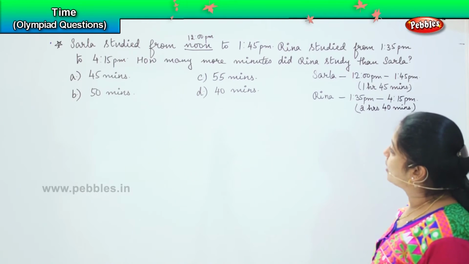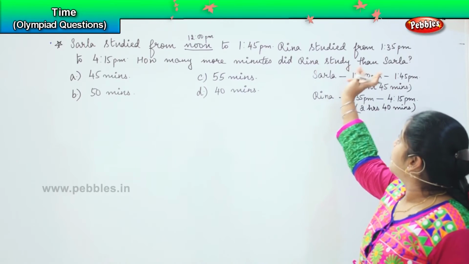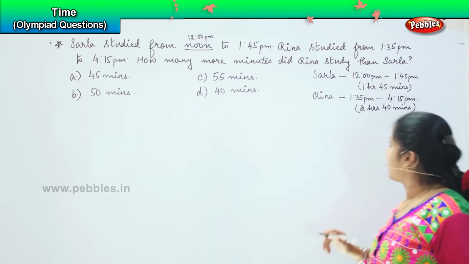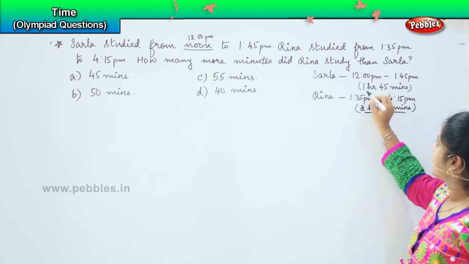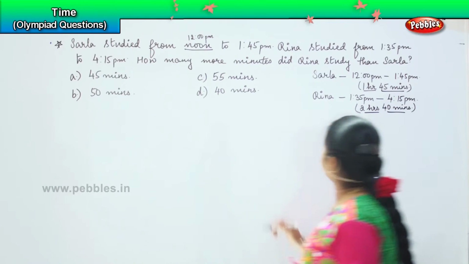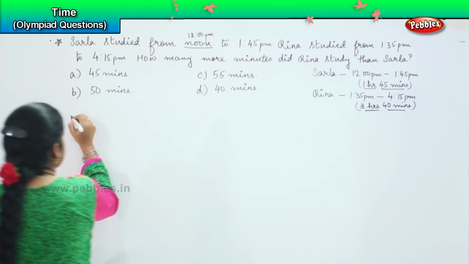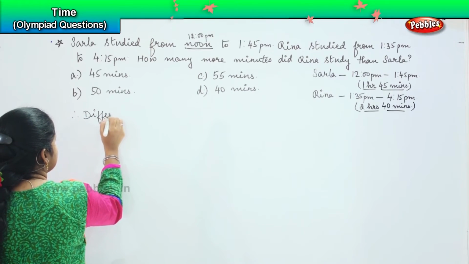Okay, so now they are asking how long has Reena studied more than Sarla. So now it is obvious that she has studied 2 hours and 40 minutes and Sarla has studied only 1 hour and 45 minutes. So now we will be calculating the difference in their study time.